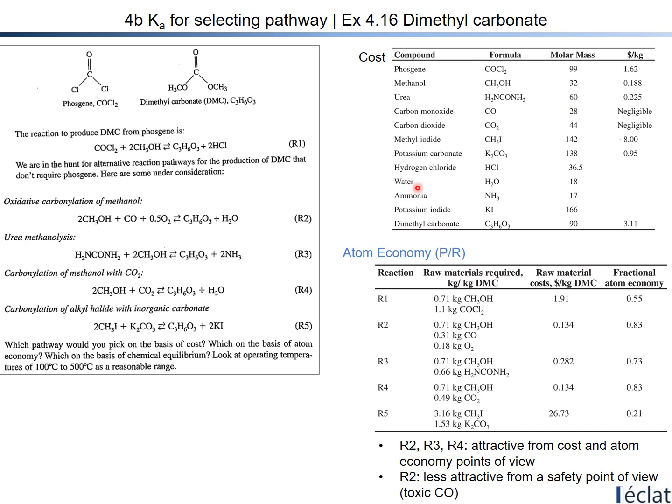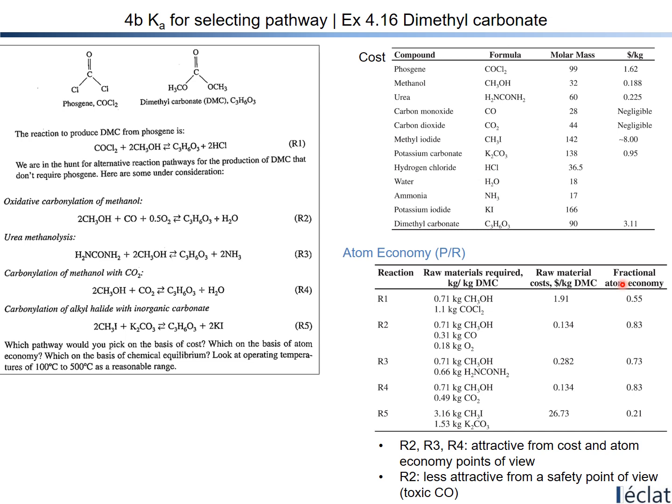Here is the information to calculate the cost and also fractional atom economy. For all compounds here, we have the information about the molar mass and also the cost. So let me try to calculate the cost and fractional atom economy.